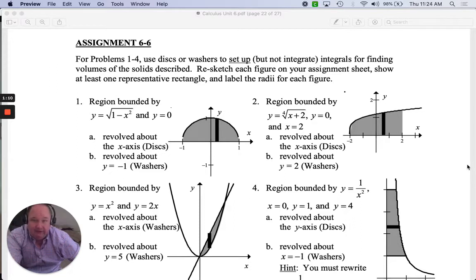So in number 1, you're given a graph, which is nice, of y equals the square root of 1 minus x squared. That's actually half a circle. Semicircle. And y equals 0. So I'm going to draw that graph, sketch it again here.